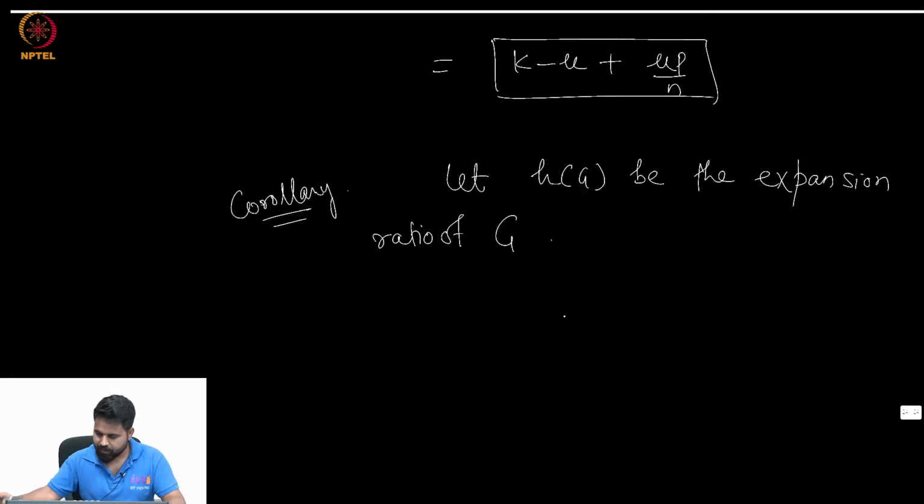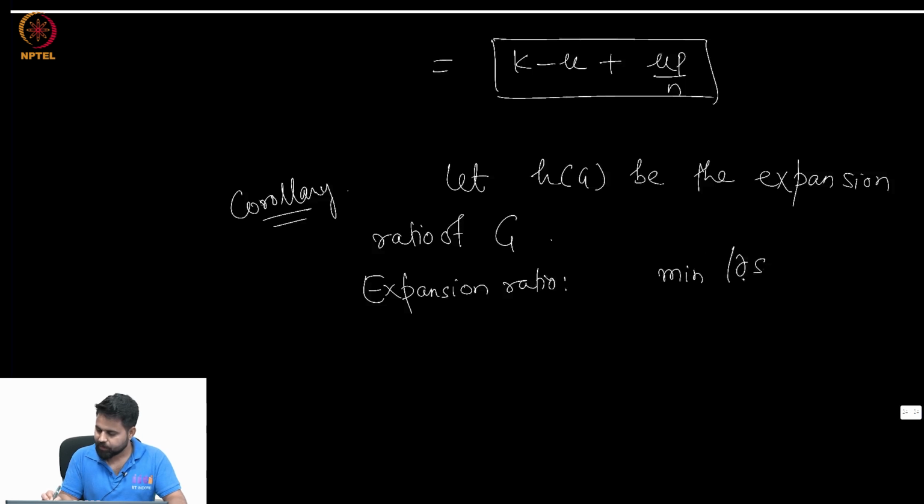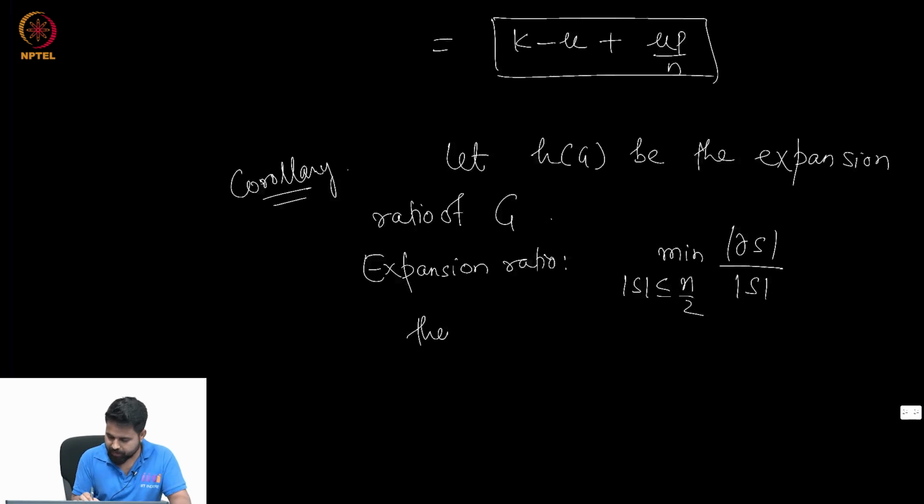Expansion ratio, or Cheeger's constant, or isoperimetric number, was nothing but the minimum over all possible subsets S of the boundary of S, which means the number of edges going from S to its complement, divided by the size of S, where S is less or equal to n by 2. So this was expansion ratio. Then the expansion ratio is always greater or equal to half of the algebraic connectivity.